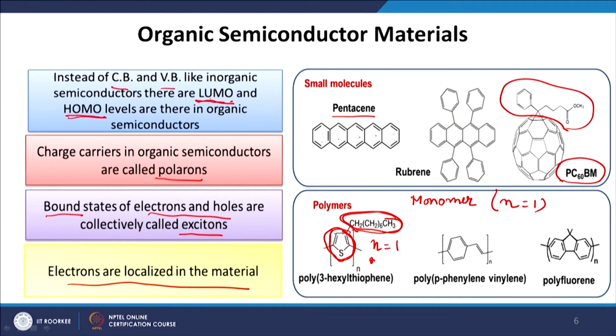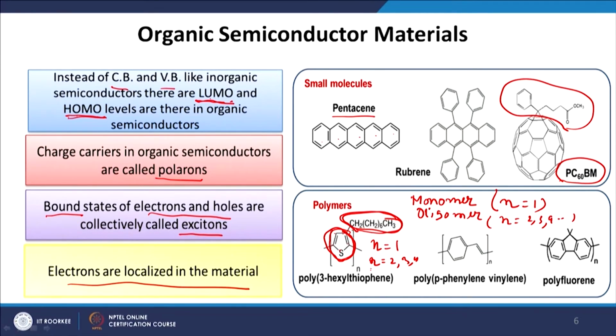Now, if N is equal to 2, 3, 4, then it is not a big structure, but also not a single unit structure. This kind of structure we call an oligomer, where the value of N is 2 or 3 or 4, up to 5.